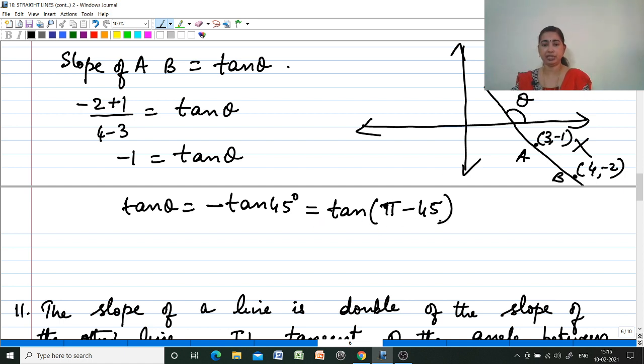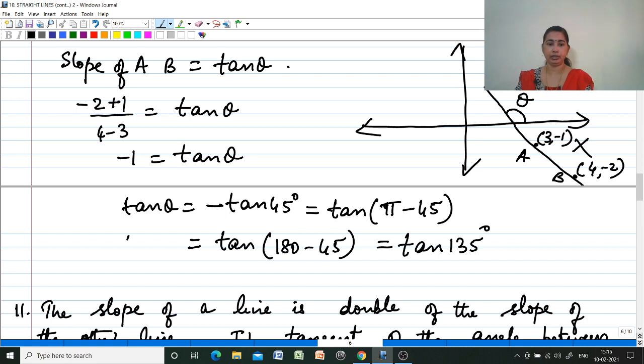So tan (pi minus 45) is minus tan 45, which is equal to tan (180 minus 45), that is tan 135 degrees. Here it is tan theta. Therefore theta is equal to 135 degrees.